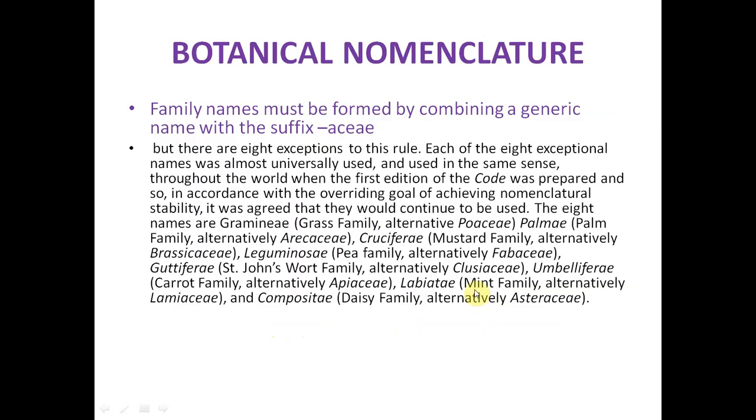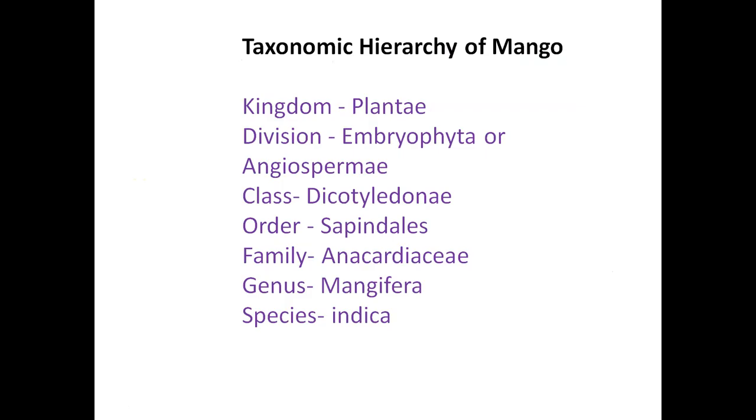Okay. Now we come to the set of rules related to nomenclature. The first one is that for the class, the suffix always used is NAE, like Dicotyledonae. For the monocots they use Monocotyledonae.